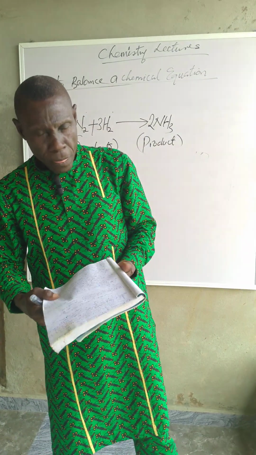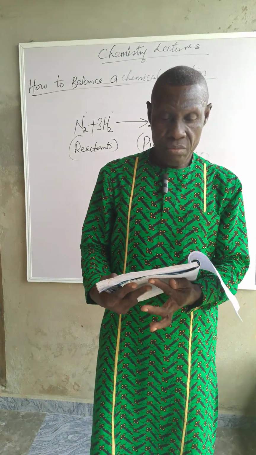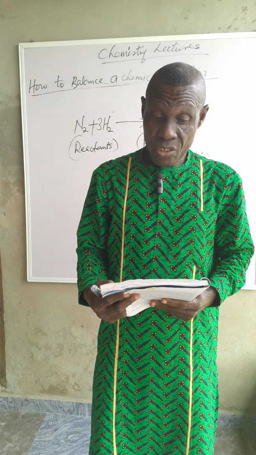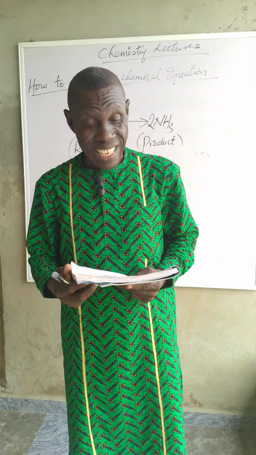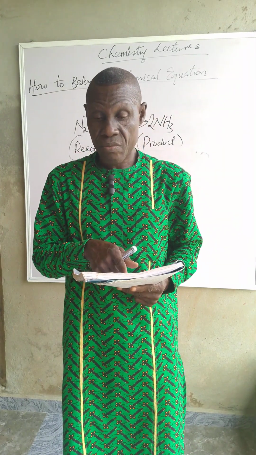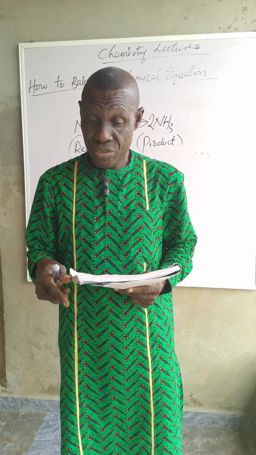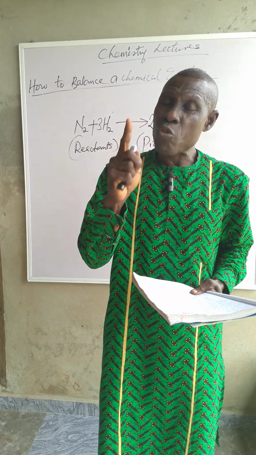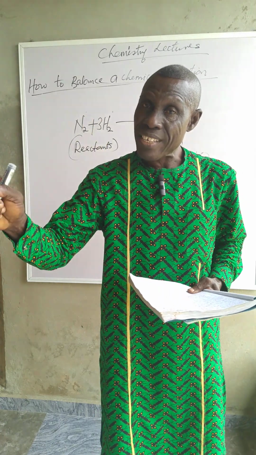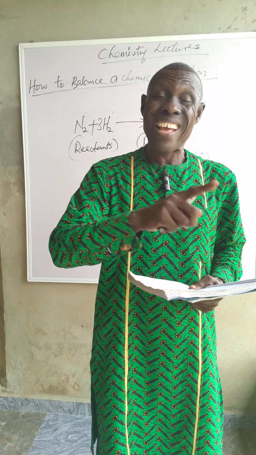All right. Now, before you can successfully balance a chemical equation, you are required, one, to know the correct chemical symbols of the elements or the atoms that are participating in the reaction. For example, if sodium is participating in a given reaction, or if chlorine is participating, you must know the chemical symbol for chlorine, hydrogen, sodium and any other element.